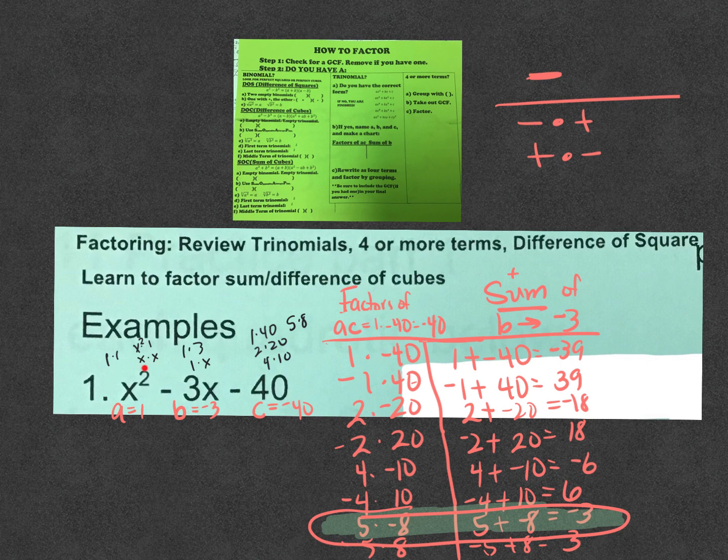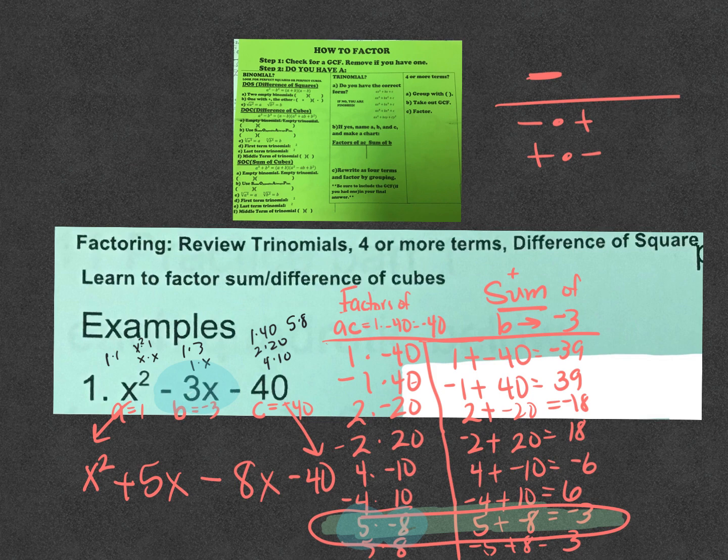This term's going to stay the same, so this is going to stay x squared. This term's going to stay negative 40, but negative 3x is going to change to 5x minus 8x. So positive 5x minus 8x.